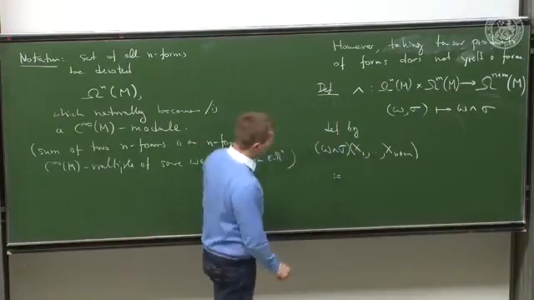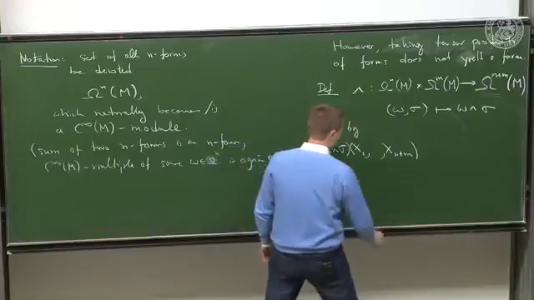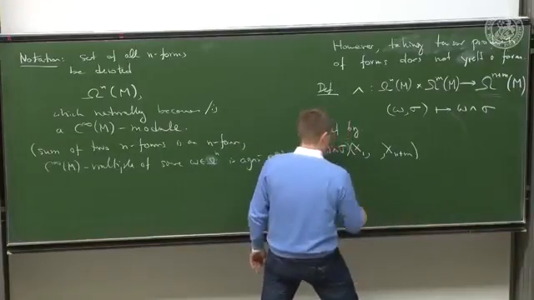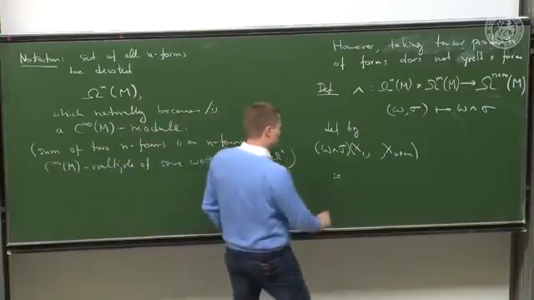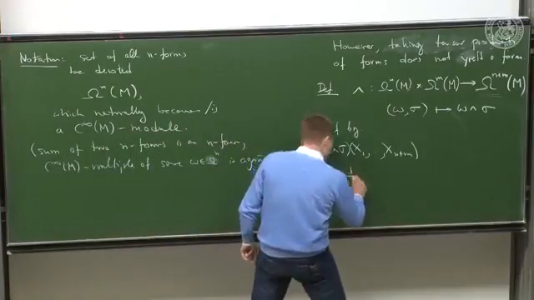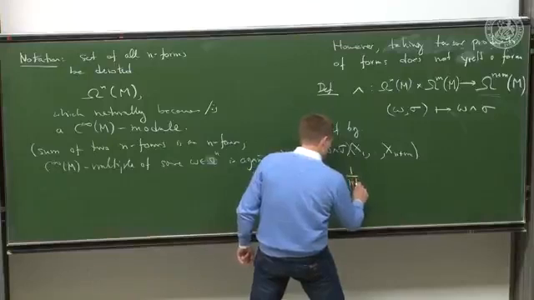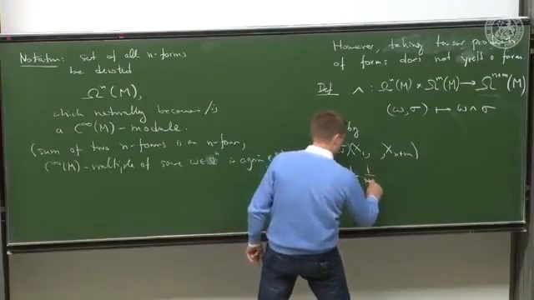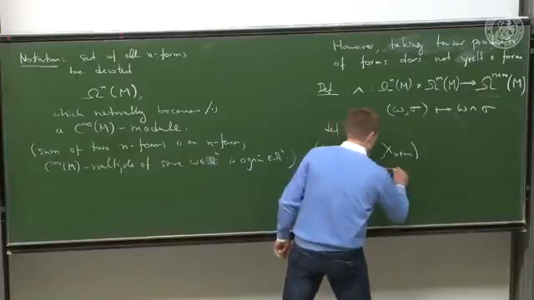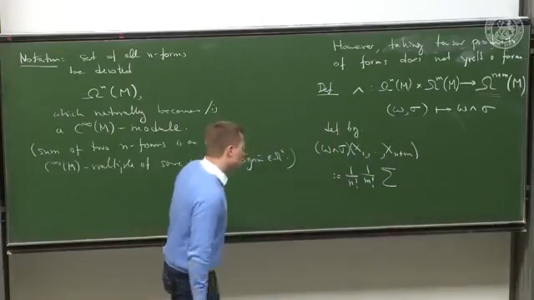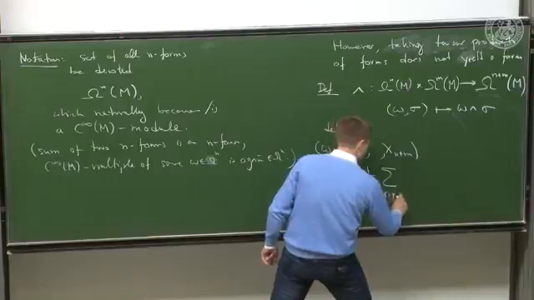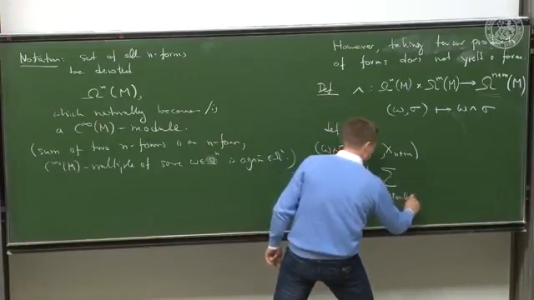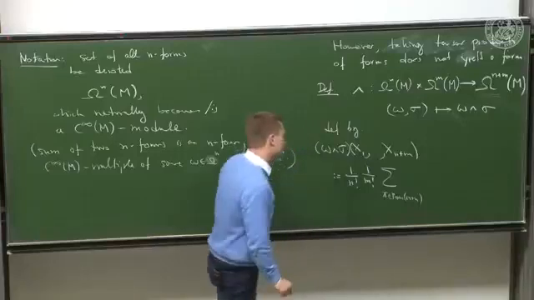We can define this as follows. We take out a factor 1 over n factorial, 1 over m factorial, and then we take a sum over all the permutations of the first n+m numbers.